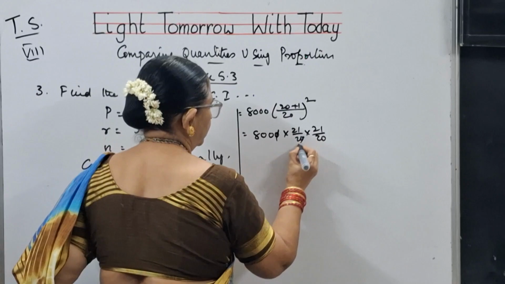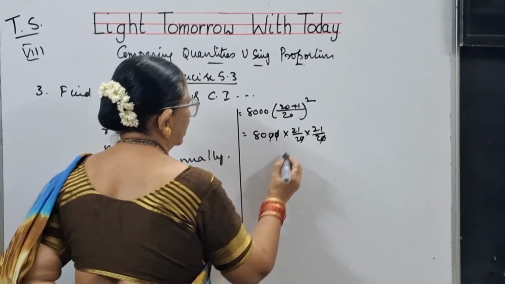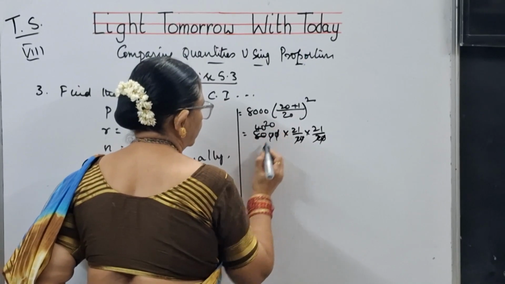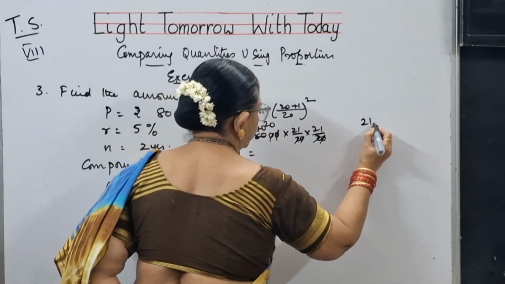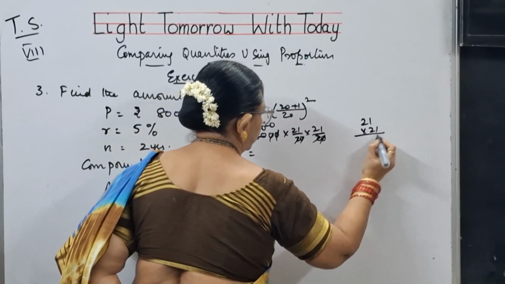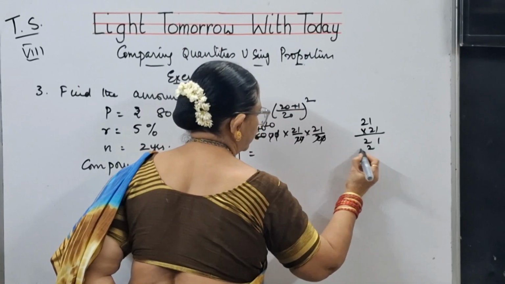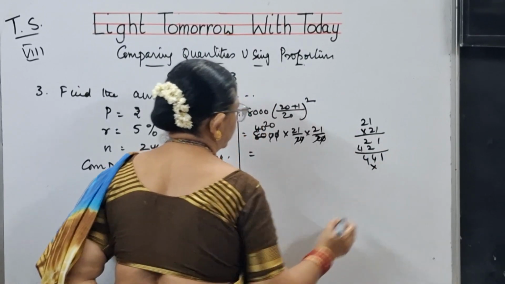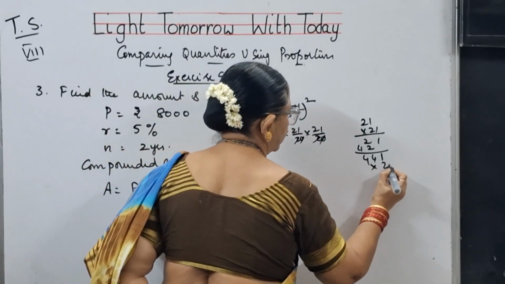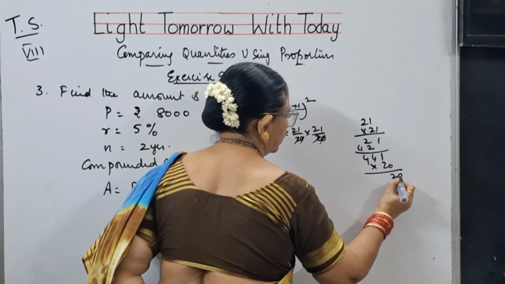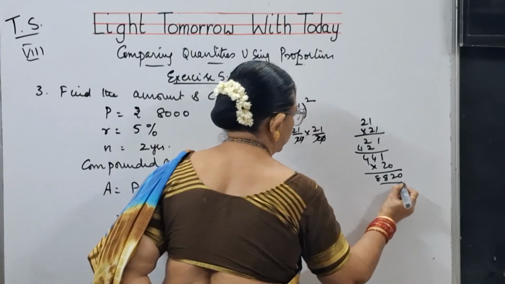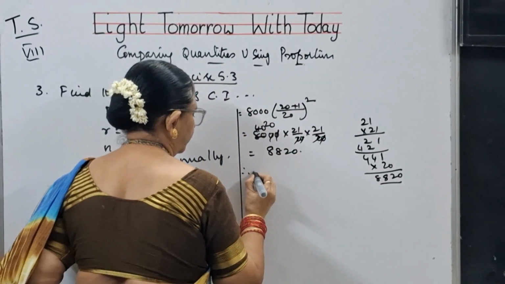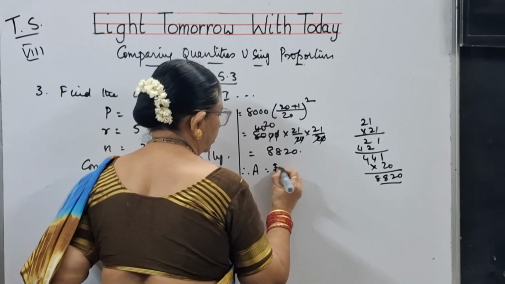So 0, 0, 0, 0 will get cancelled. 2 4s are 8, 2 2s are 4. So 21 into 21, this is 21, 2 ones are 2, 2 twos are 4, we'll be getting 441. It should be multiplied by 20. So 0, 2 ones are 2, 2 fours are 8, 2 fours are 8. So this is 8820. Therefore, amount A is equal to rupees 8,820.